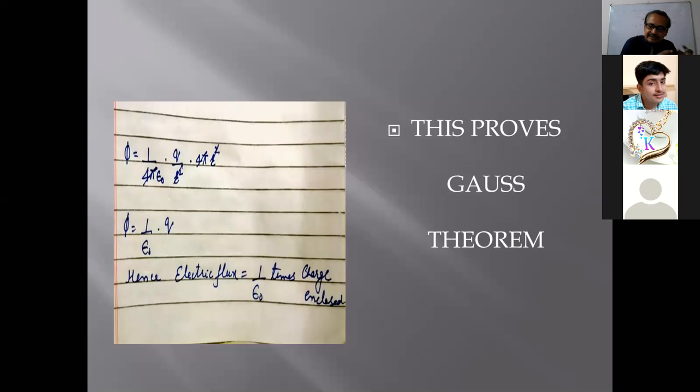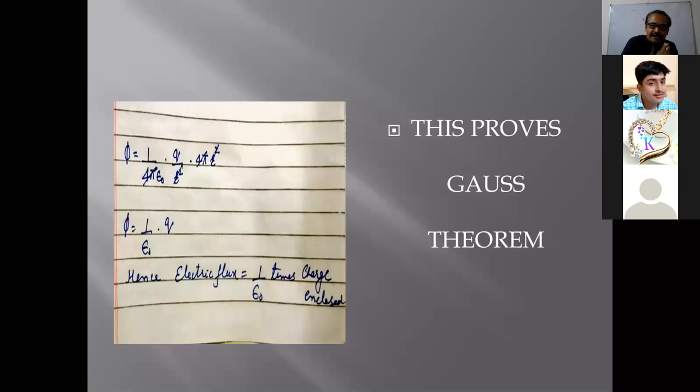Phi, that is equal to E dot ds. So in order to find the surface integral of the sphere, we consider a small area element on the sphere where we find the electric flux first.